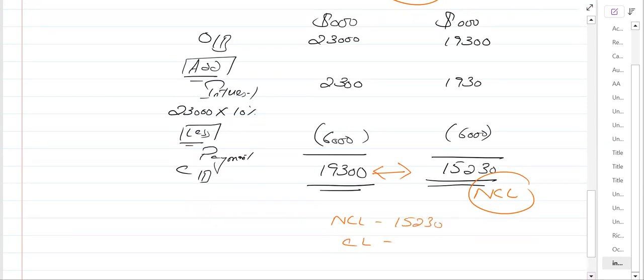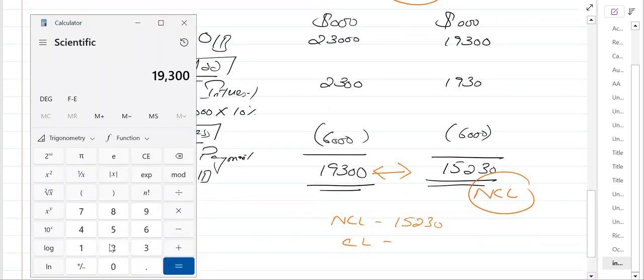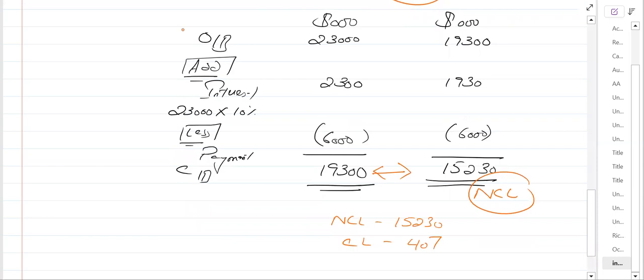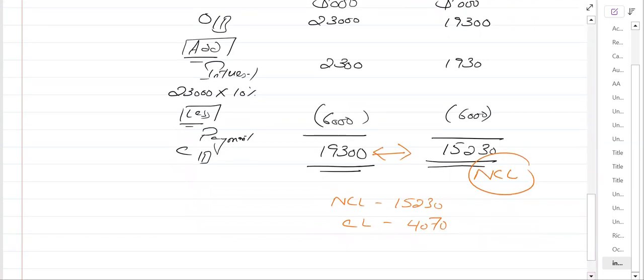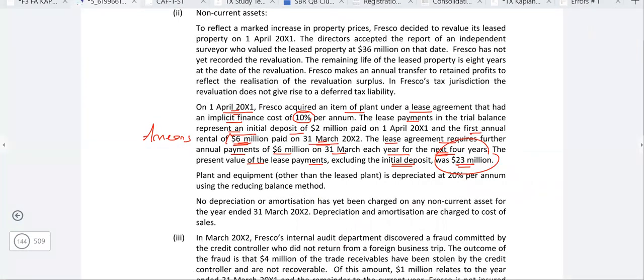In the current liability, you take 4,070. And then we have this finance cost of 2,300, which goes to the profit or loss. So these are the extracts for the financial statements. This is how it is being done.